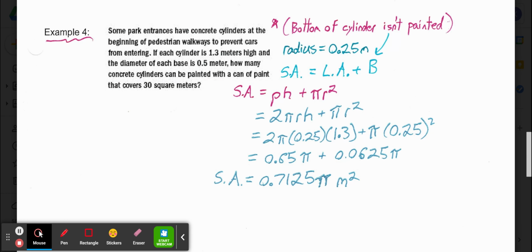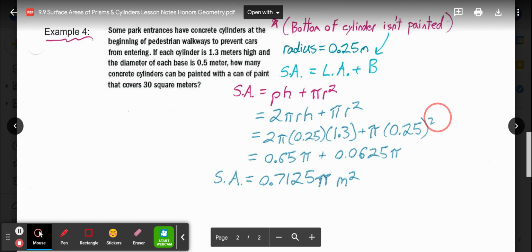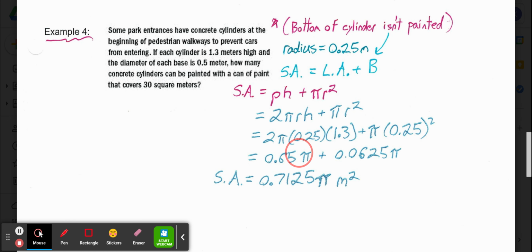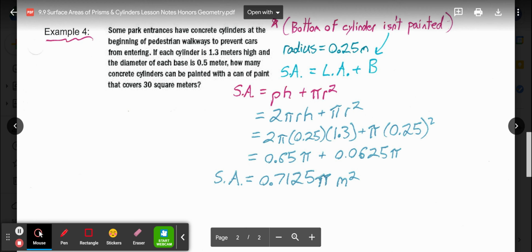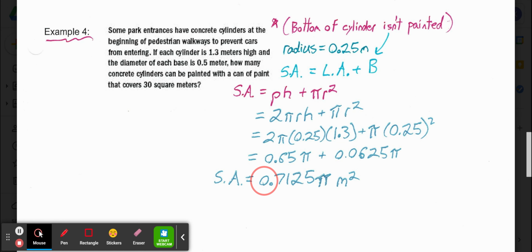So then we put in our info. Radius, 0.25, height, 1.3, multiplied by 2 pi, plus pi times the radius, 0.25, squared. So that would tell me the surface area is 0.65 pi plus 0.0625 pi, giving me the surface area of each cylinder to be painted as 0.7125 pi meters squared.